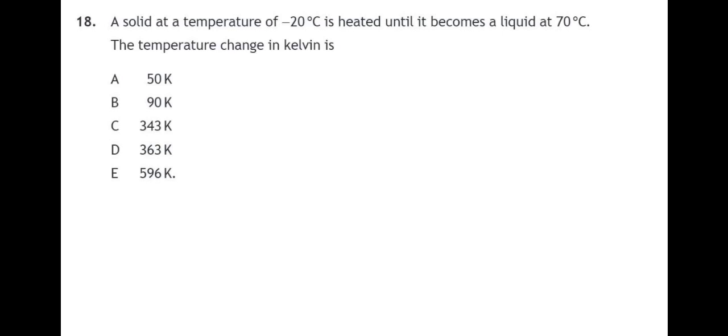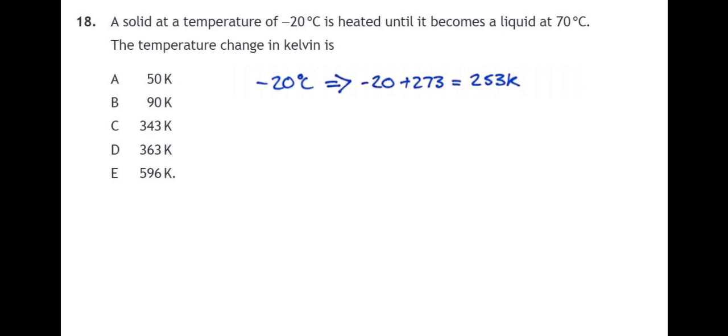And that's not correct. What we need to do to think about this, let's think about 20 Celsius first of all. Convert minus 20 Celsius into Kelvin. So to convert to Kelvin, we add 273 degrees and we get 253 Kelvin.